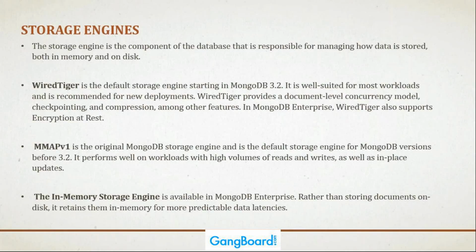Sir, lock means, like while someone is performing an update, when you compare it to an RDBMS, when someone is updating a few rows, there will be some lock. Yes, lock or latch, whatever you say. So in MMAP, if one is updating one document, the whole collection will be locked.